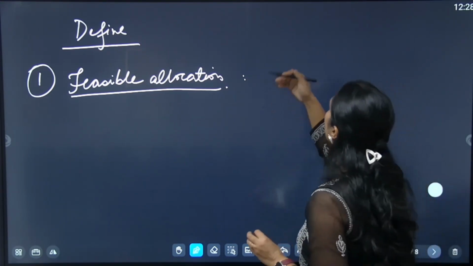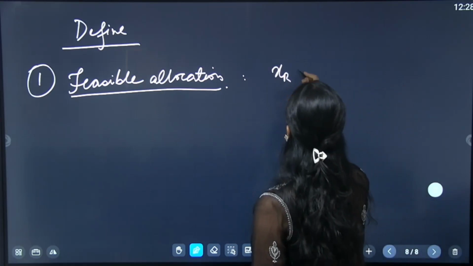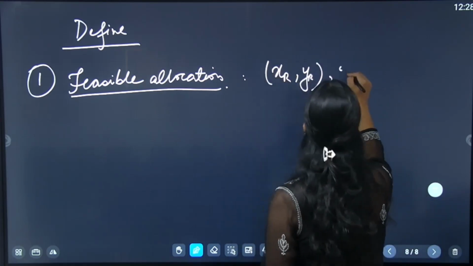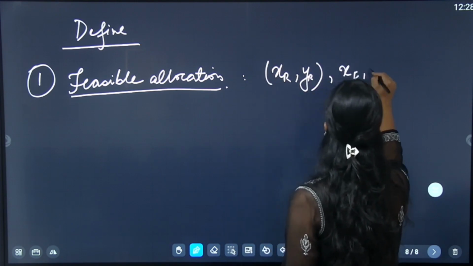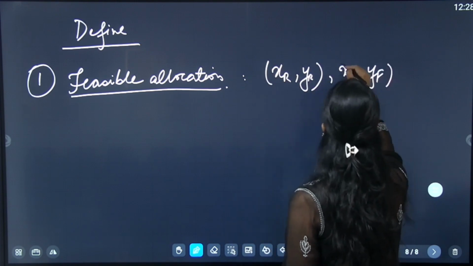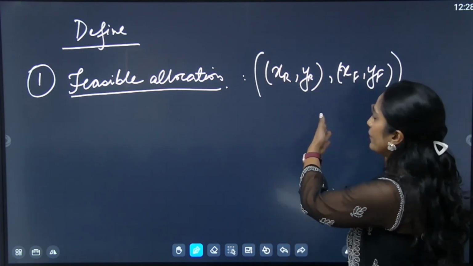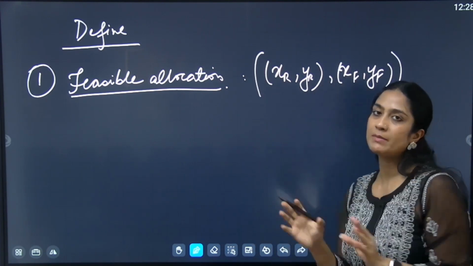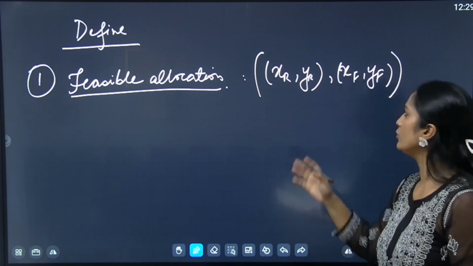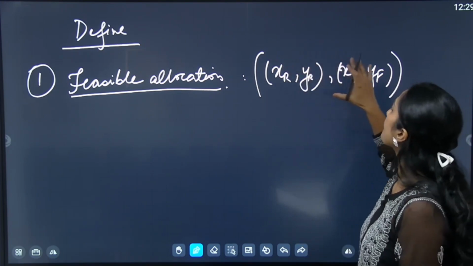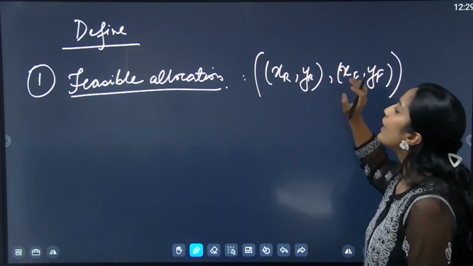So any pair, XR, YR, this is Rahul's allocation, and XF, YF will denote Fiza's bundle. This is how the goods have been allocated to the people in the economy. So this is an allocation.